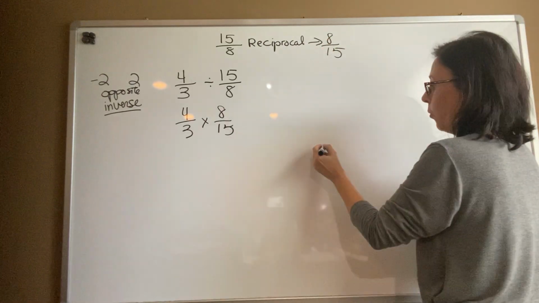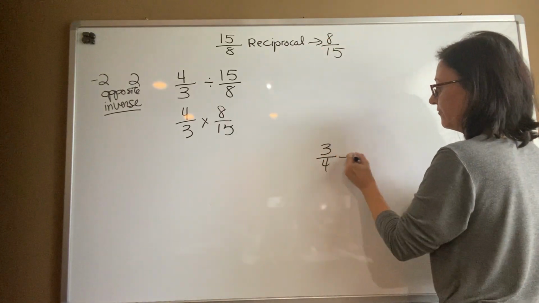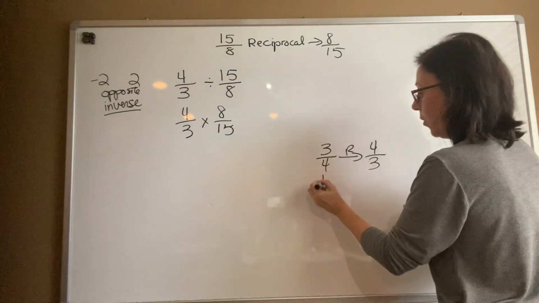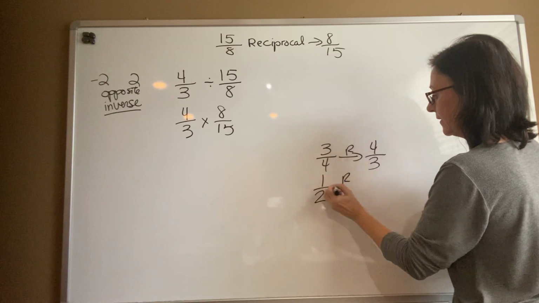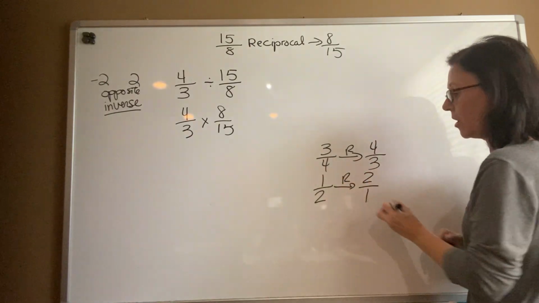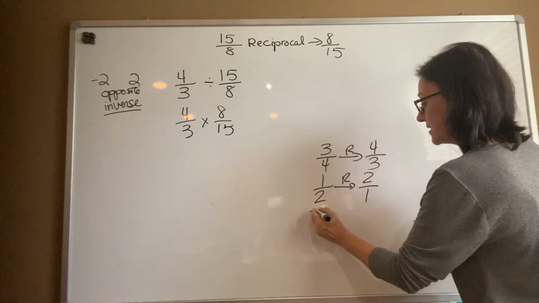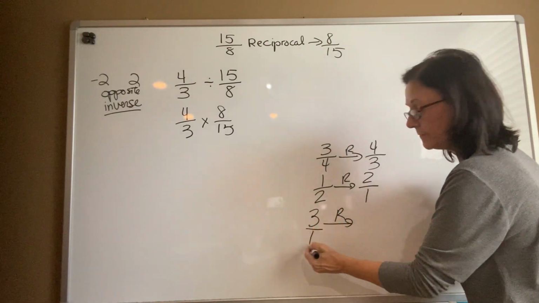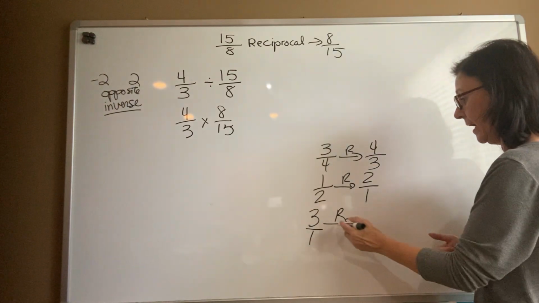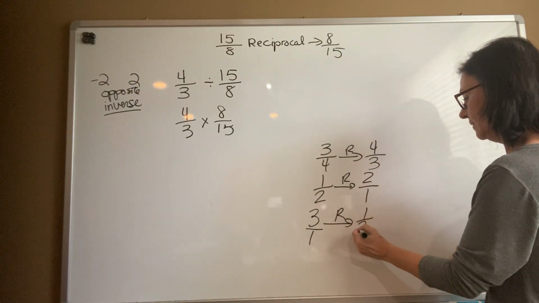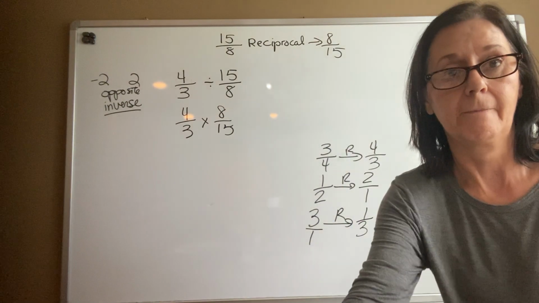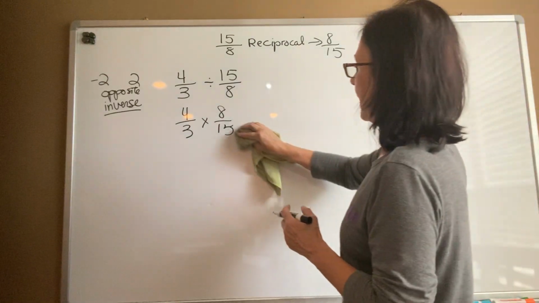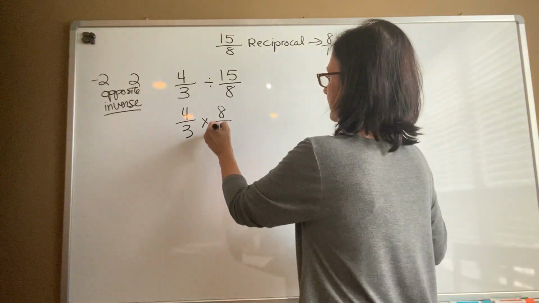All right, what is the reciprocal of 3/4? It's 4/3. What is the reciprocal of 1/2? It's 2/1. What is the reciprocal of 3? Any number over 1 is its same value. I flip that 1 to be 1/3. Okay? So we multiply by the reciprocal.